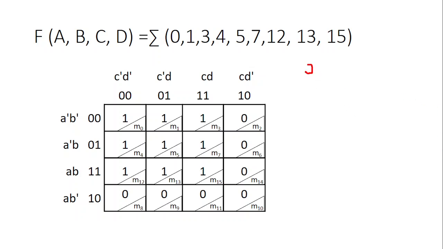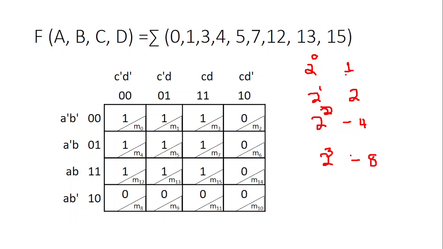You know very well, 2 to the power 0 means only one term will be in the group. 2 to the power 1, which is 2, means 2 will be in the group. 2 to the power 2 means 4 will be there. 2 to the power 3, 8 will be there, and so on.